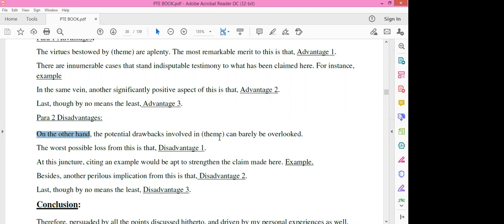At this juncture, citing an example would be apt to strengthen the claim made here. At this point, giving an example would be apt to strengthen the claim made here.